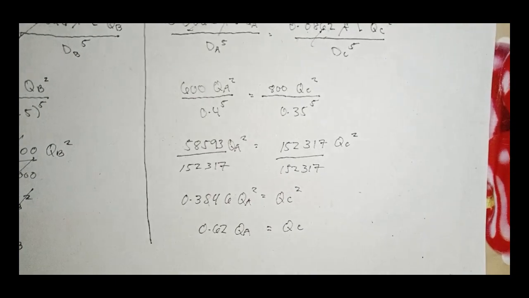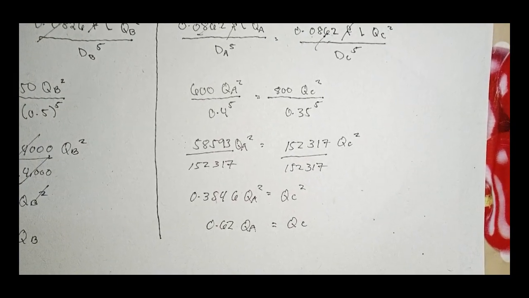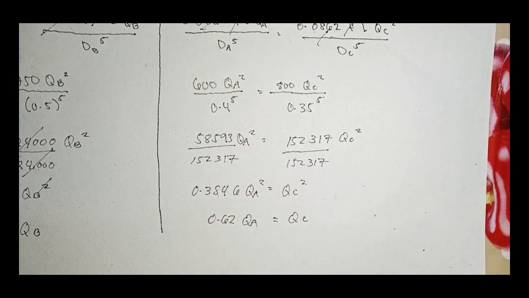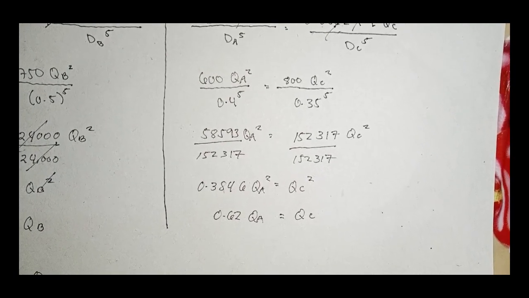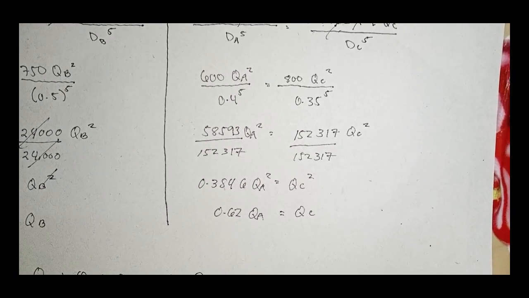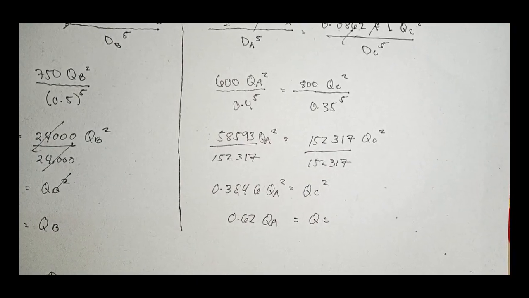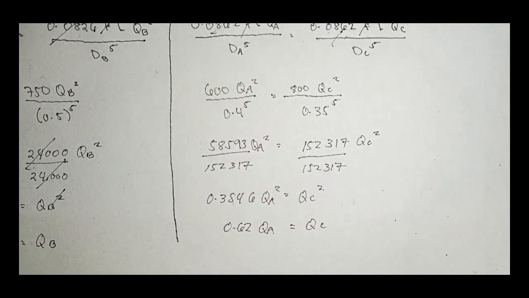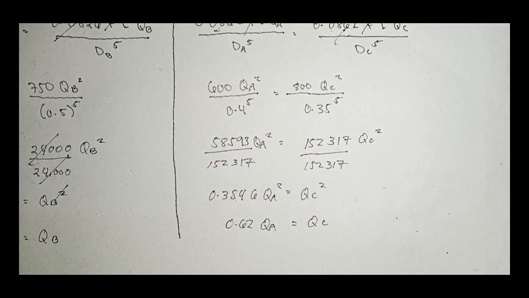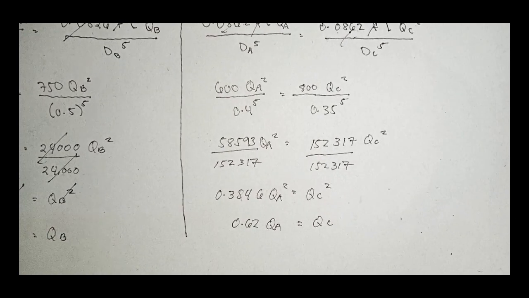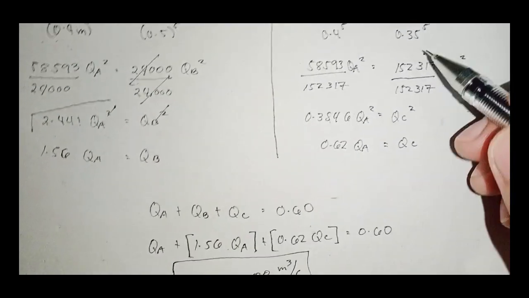By inputting our values, 600 QA squared divided by 0.4 to the fifth power is equal to 58,593 QA squared, and 800 divided by 0.35 to the fifth power is equal to 152,317 QC squared.